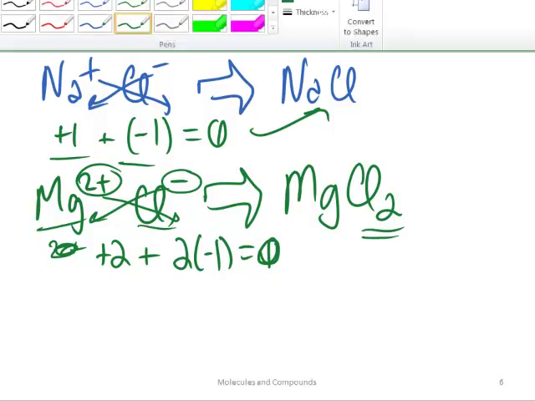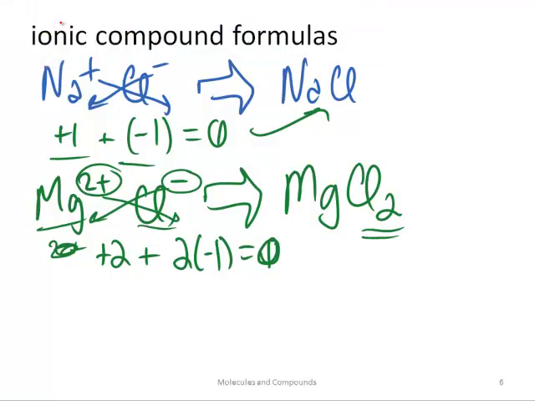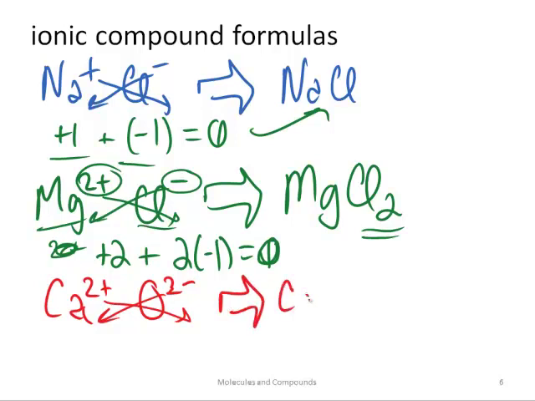Okay, one more example. Let's do calcium oxide. Okay, so we know calcium is in the same group as magnesium, so it has a +2 charge, 2 valence electrons it wants to lose. Oxide is 2-. So we're going to do our subscript switch, and that will give us Ca2O2.